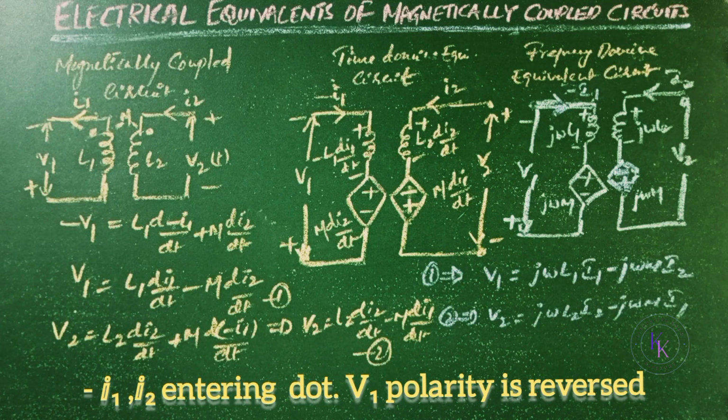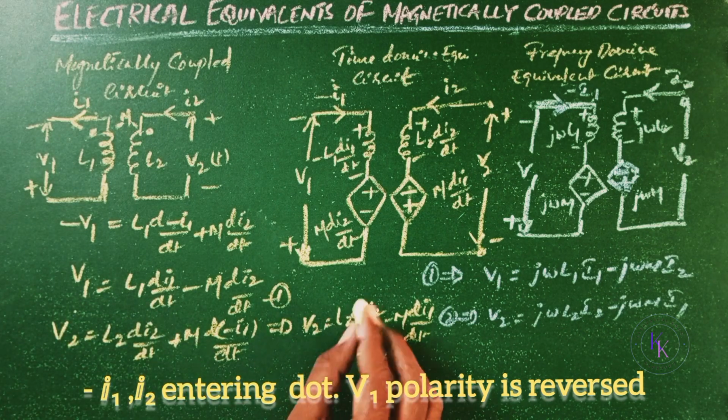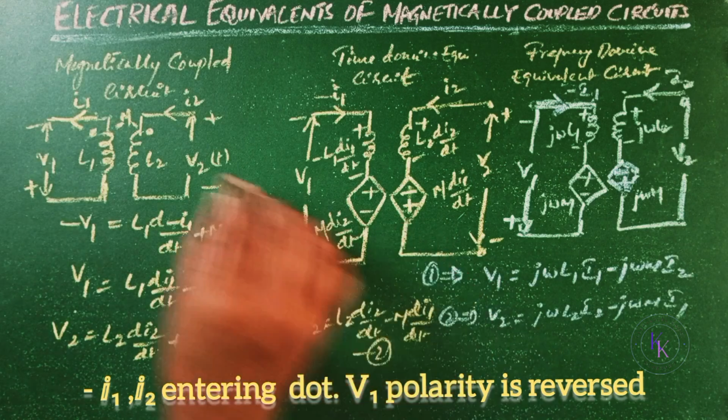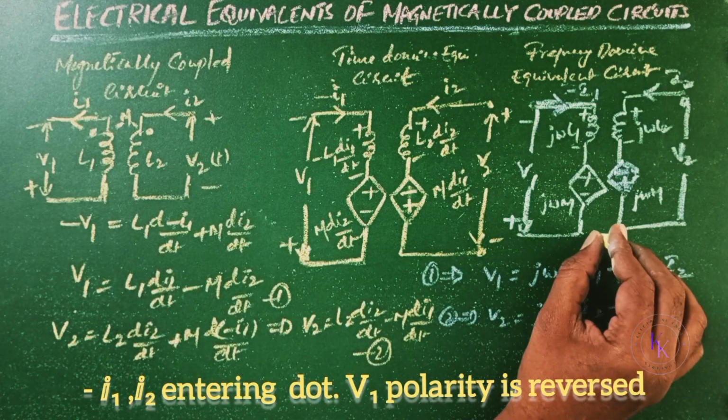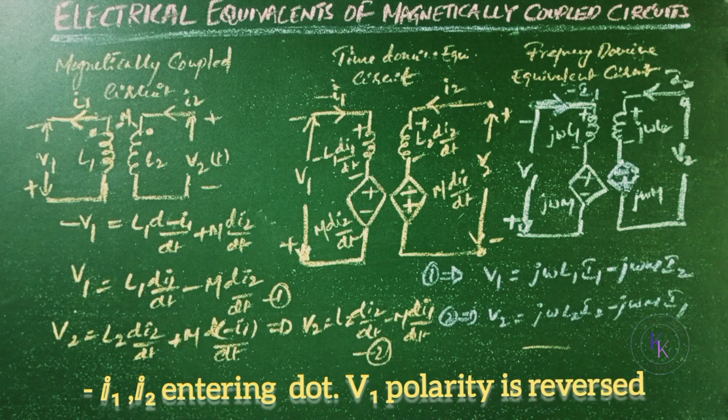Equations 1 and 2 are the mesh equations in time domain, this is the time domain equivalent circuit, this is the frequency domain equivalent circuit, and these two are the frequency domain equations. Now this covers the different combinations of magnetically coupled circuits: time domain equations, time domain equivalent circuits, as well as frequency domain equivalent circuits and frequency domain equations.